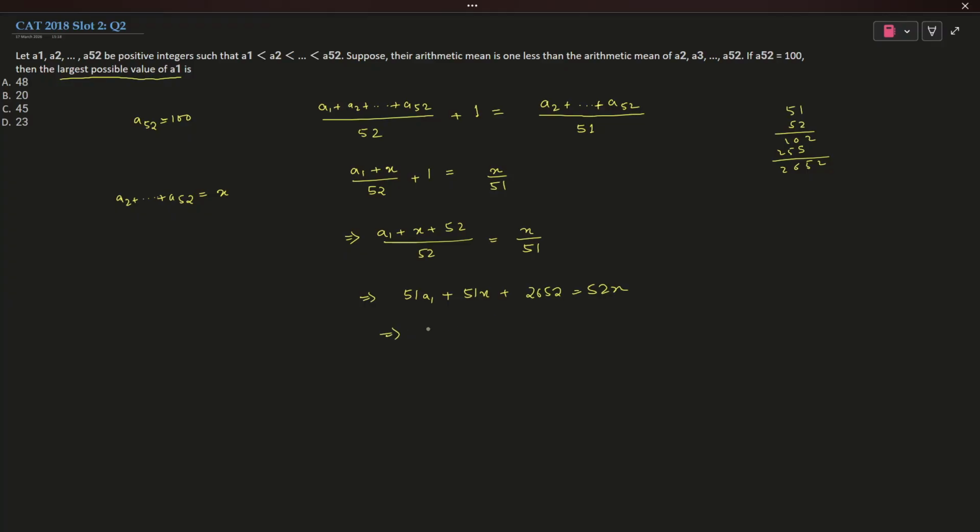From here I can say x is equal to 51 times (A1 plus 52). I am taking the 51 common. Okay, x is this part. We are also told that all the positive integers are not equal. That means they are distinct.